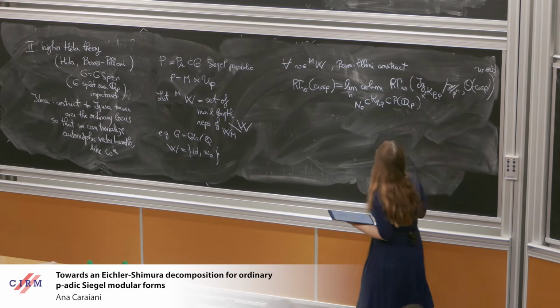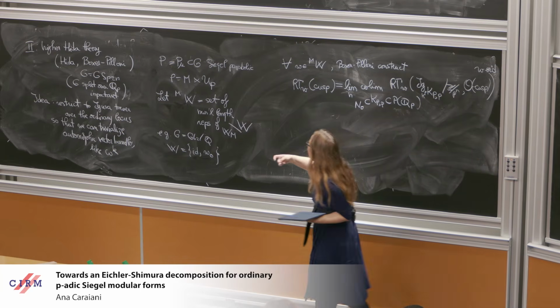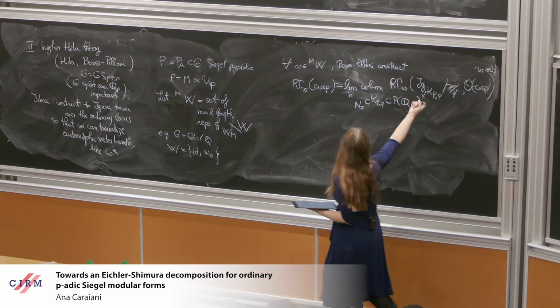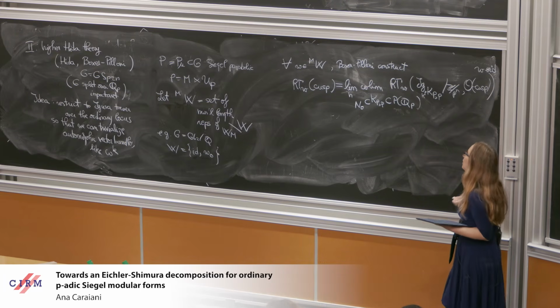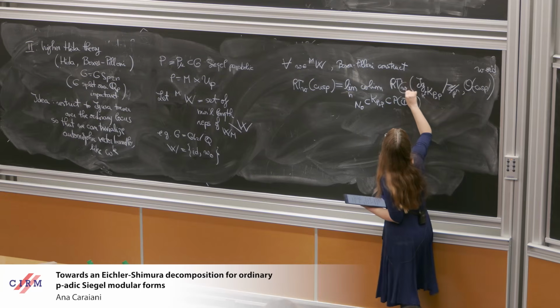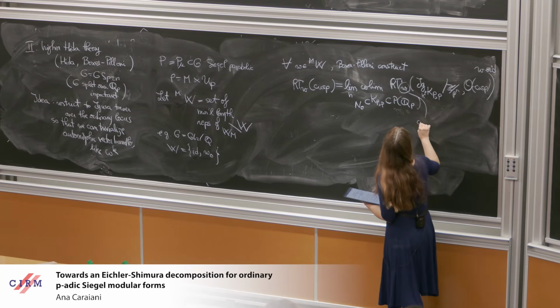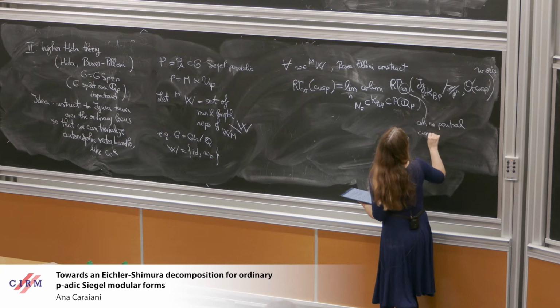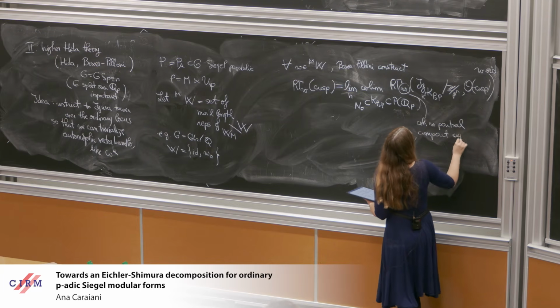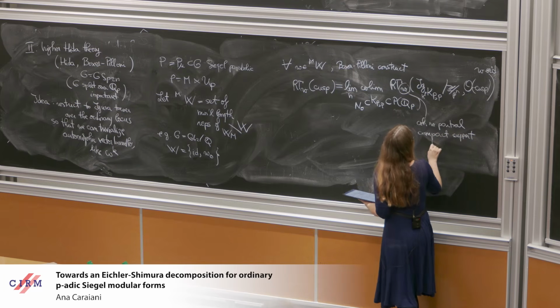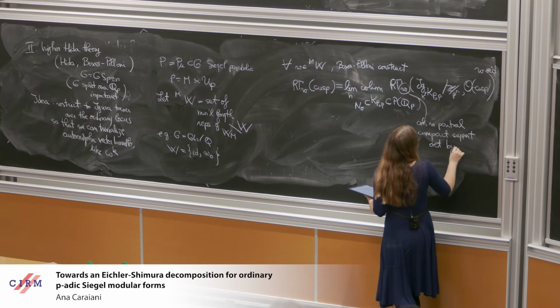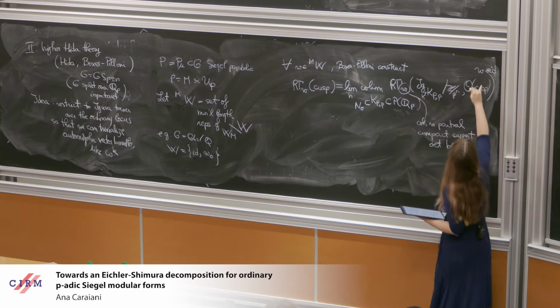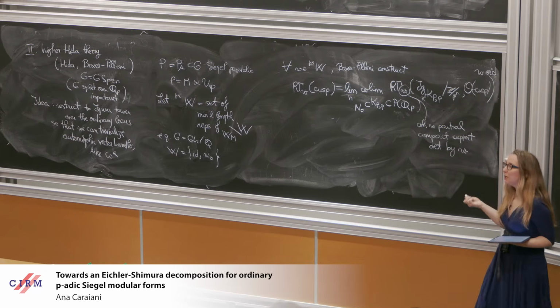So what's really important is how each element w determines the version of higher Hida theory that you're looking at. And so the most important thing is here you have cohomology with partial support, say partial compact support, determined by w. And also it shows up here in twisting the correspondence.